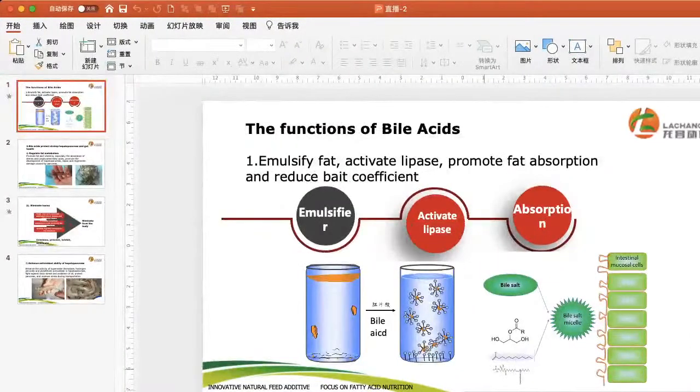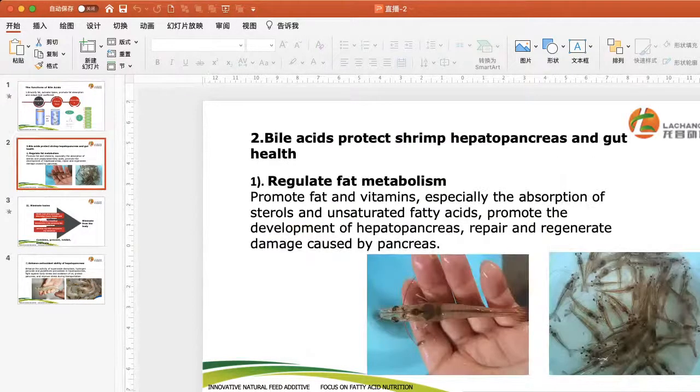On this PowerPoint, you can see the functions of the bile acids. Firstly, it can emulsify fat and activate the lipase and promote the fat absorption and reduce the beta coefficient. Secondly, the bile acids protect the shrimp hepatopancreas and gut health.